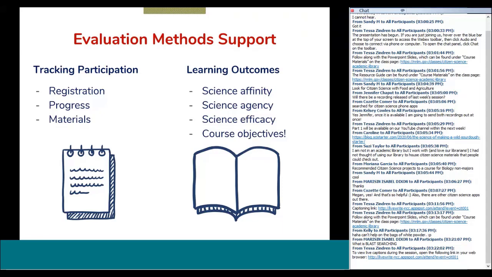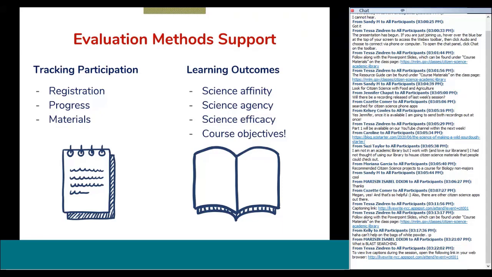Most of our projects are open to the whole campus community, so we have people signing up who are part of a class that's doing it as a requirement, and we have people who are signing up because they're just generally interested. You need to be able to track and differentiate that. You also need to see just in general how they're progressing through any training, through submission processes or reflection phases.